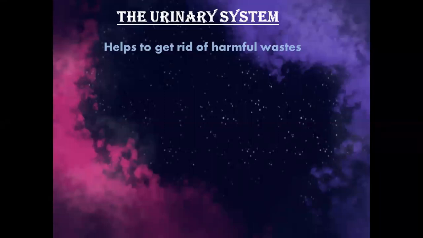Okay, we have two types of wastes. After eating, we have two types of wastes: solid wastes and liquid wastes. Solid wastes because of the food that we eat, and liquid wastes because of the liquids that we drink, like water and juices.